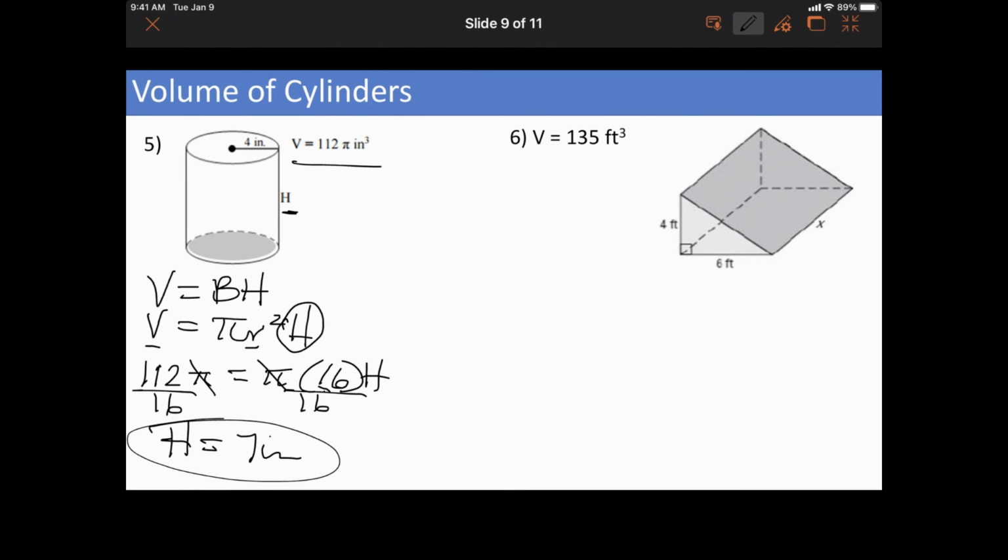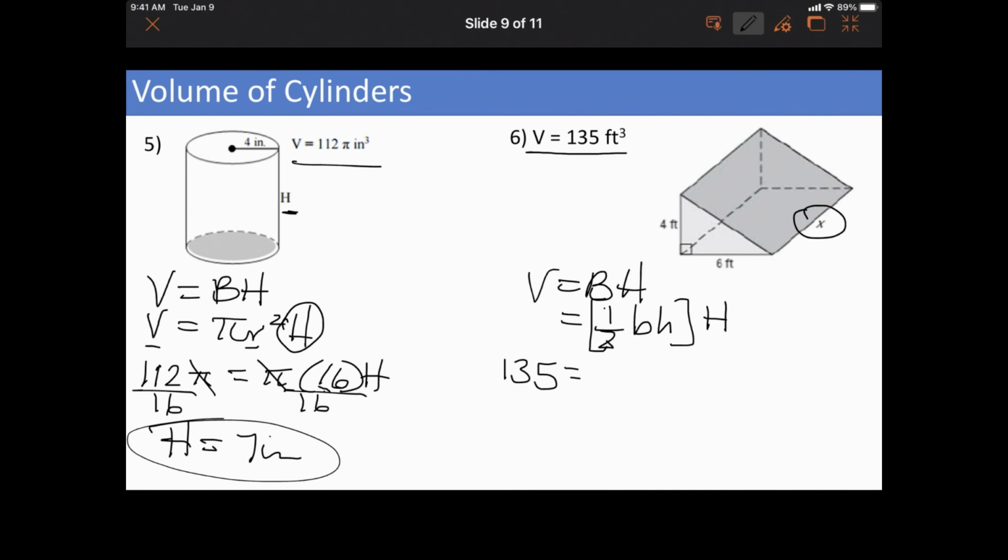Okay, let's look at this next one. All right, so what do I see? It's a prism. Okay, so I know the volume is base times height. We're looking for the height again. So my area here is going to be a triangle. So the volume is 135 times half the base of the triangle, which is 6, and the height is 4, and then we have x.